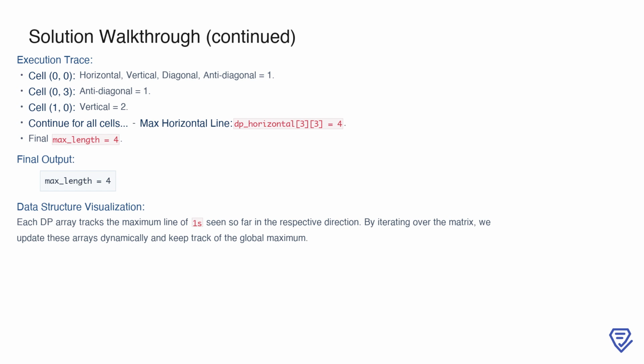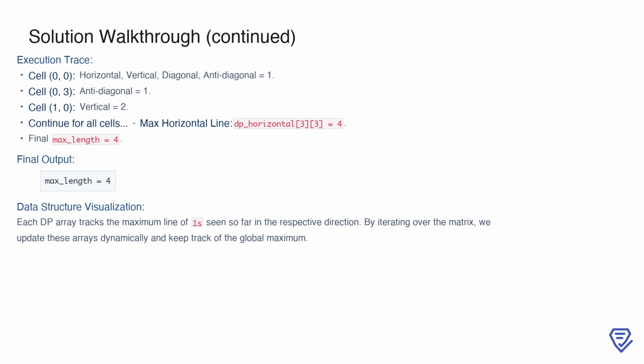directly above. As we continue processing the matrix, the updates to the DP arrays reflect the growing sequences of ones in various directions. Eventually, we find that the longest horizontal line appears at cell 3, 3, where DP_horizontal[3][3] reaches 4. The final result for this matrix is a max_length of 4, representing the longest line of consecutive ones.